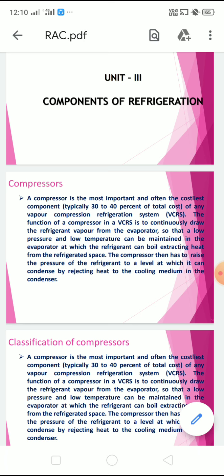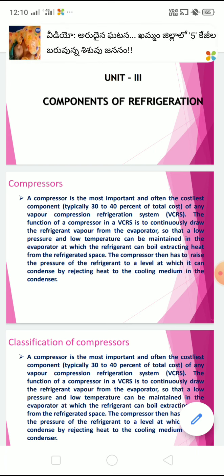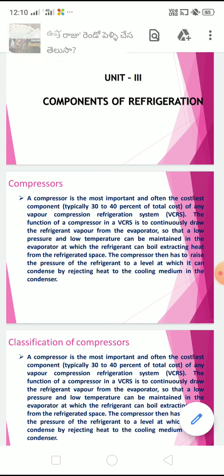After the expansion device it reaches the evaporator inlet, and in the evaporator the liquid refrigerant will be at very low temperature and pressure, and that will enter through the evaporator, where it absorbs the heat from the food items, and again the cycle goes on.